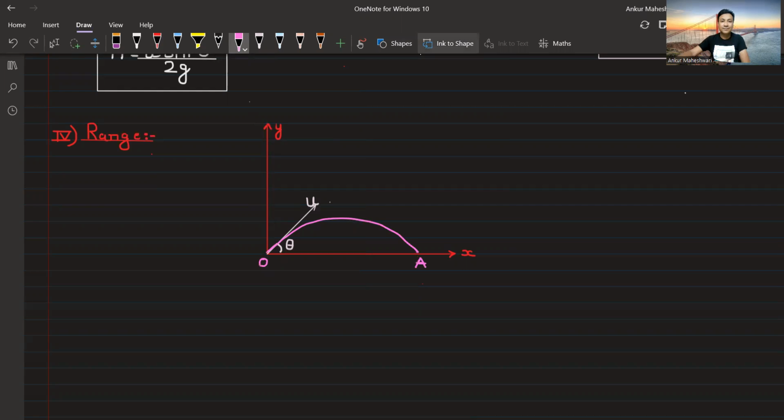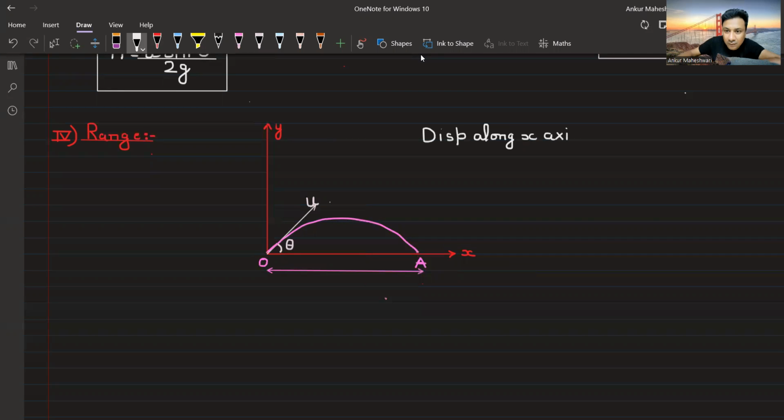So what is range? It is the distance between this point O and A. Means that this is the net displacement along the x-axis. Okay, so range is the displacement along the x-axis.